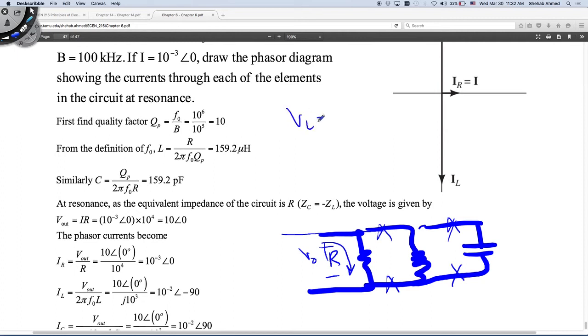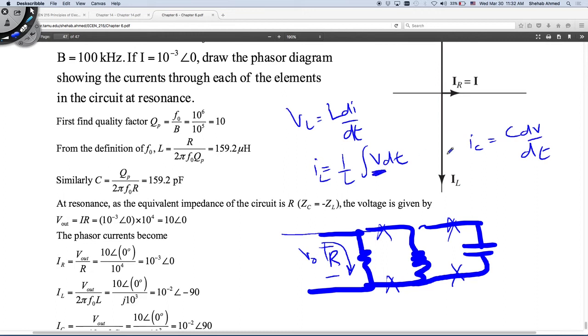Again, VL is equal to L di by dt. Current in the inductor is I equals 1 over L integral of v dt. Current in the capacitor is IC equals C dVc by dt. This V and this V are the same. They're all this V output, right?